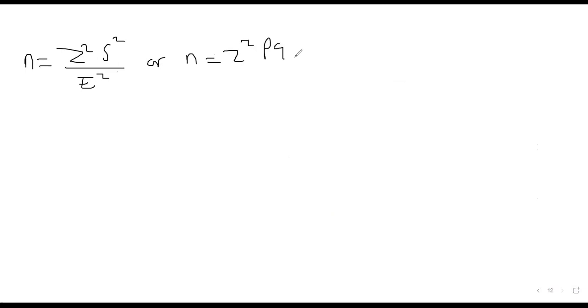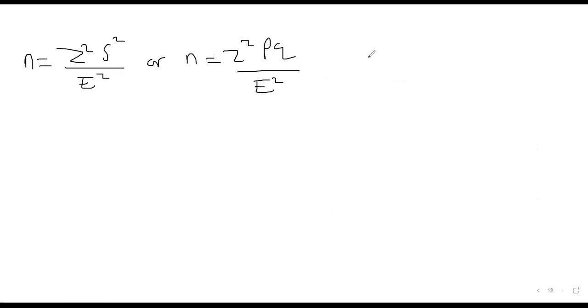the population parameter. So we're going to look at formulas like sample size, which is given by z squared, s squared over error squared. Or sample size n is given by z squared pq over the error squared.